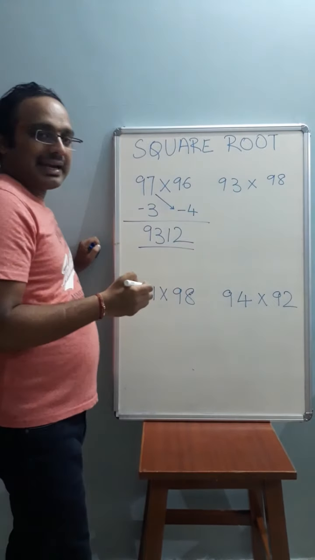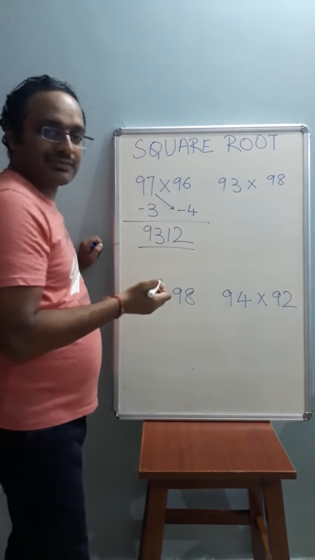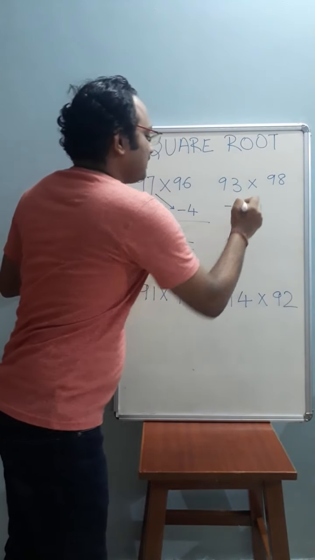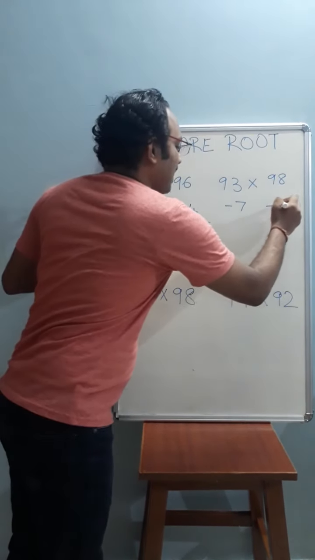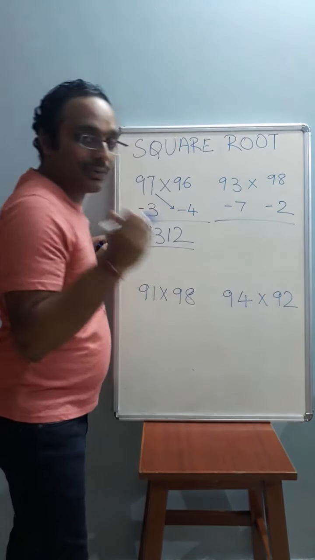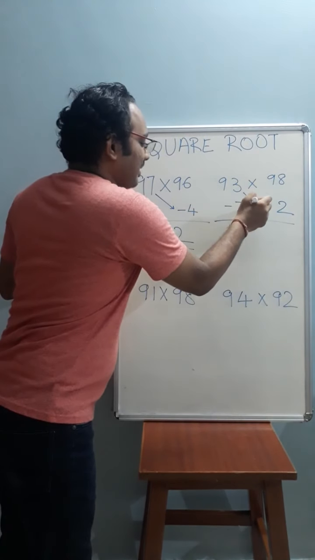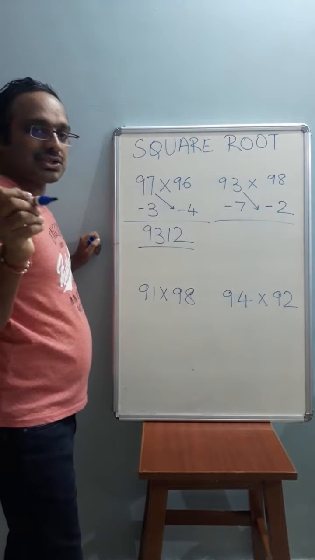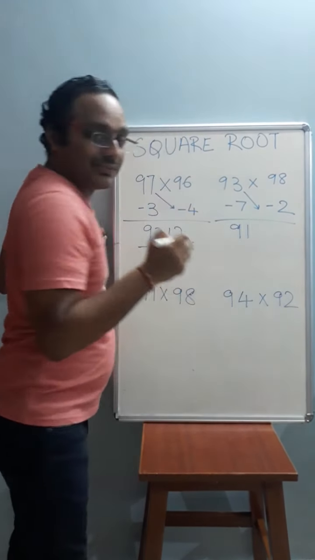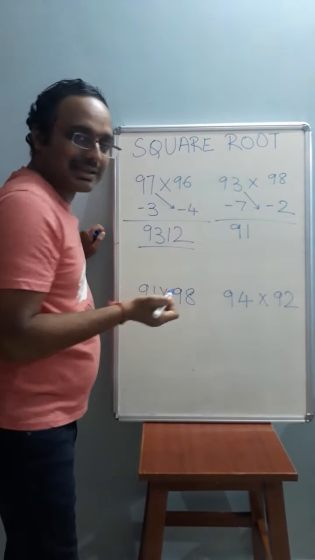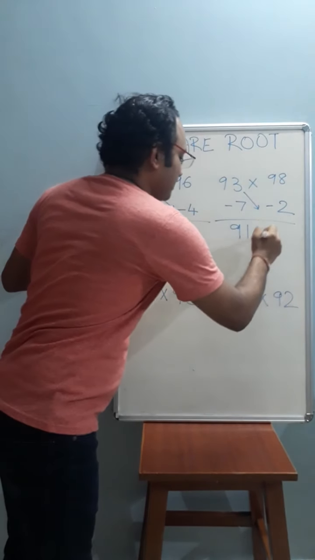93 into 98. How behind is 93 from 100? Minus 7. How behind is 98 from 100? Minus 2. Now again cross add. 93 plus minus 2 is 93 minus 2, that is 91, followed by minus 7 into minus 2, that is 14.